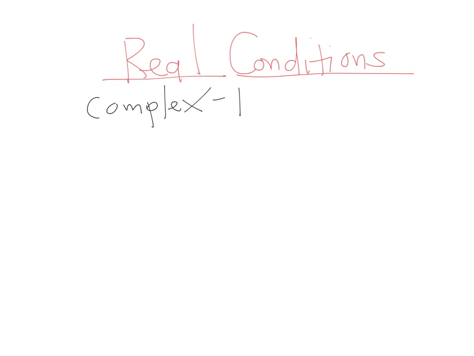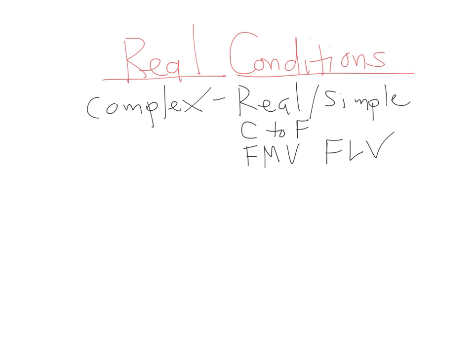I only taught you today the categories called real conditions. Some people call these simple conditions or general conditions. But there are also contrary to fact conditions. There are also future conditions like future more vivid and future less vivid. They're not that interesting, just a side note for today.